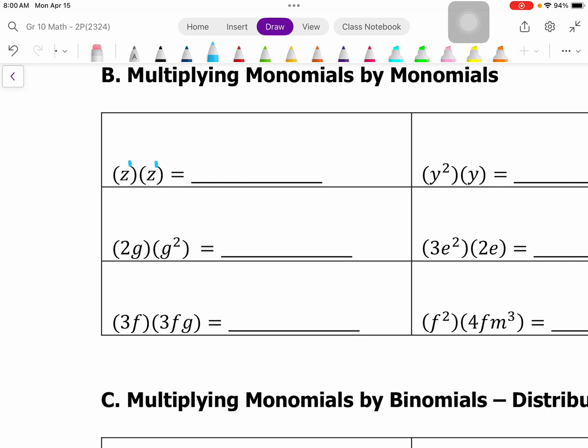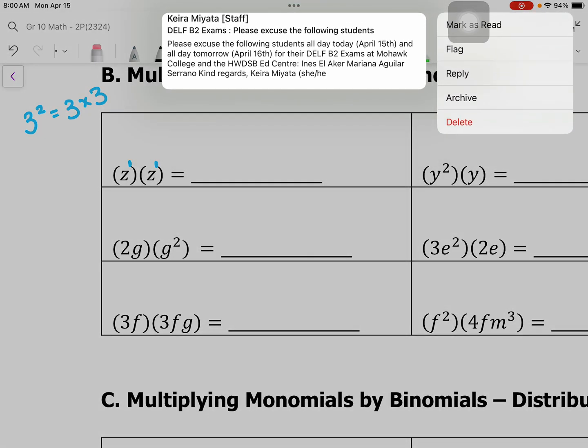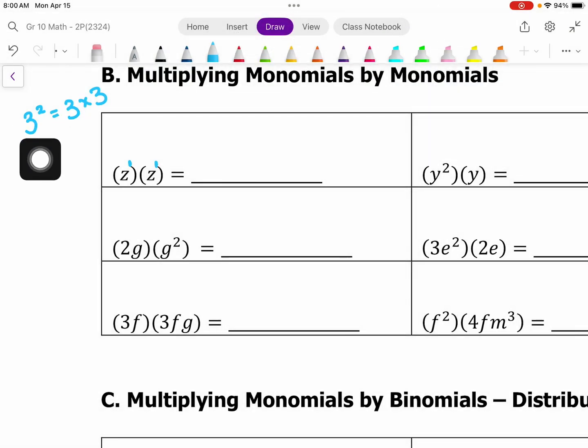So remember that if I have 3 squared, what it really means is 3 times 3. So it means the same number here is being multiplied by itself, and this many times, 2 times.